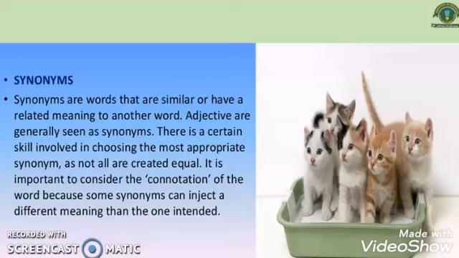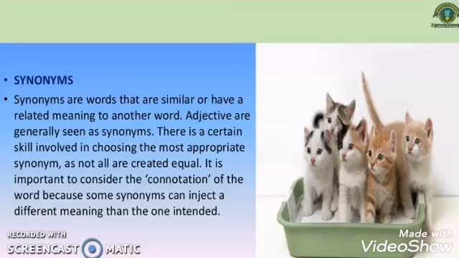So synonyms and the meaning of words are a bit similar to each other. What is the difference between the two? The meaning is a detailed explanation of the word, but the synonym is an alternate or replacement word that has the same meaning. Fine.